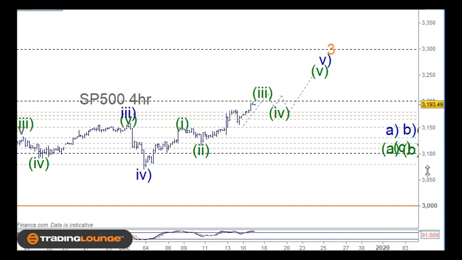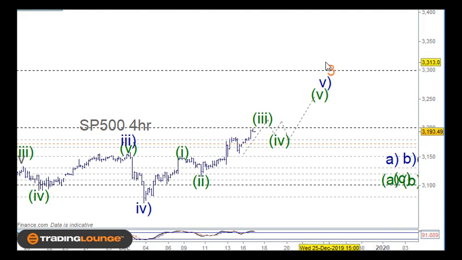So the Fibonacci sequence is 1, 2, 3, 5. Now, if we get support on this level up here on the 3,300, the top of minor group 1, then we'll be going up to 3,500 at that point.